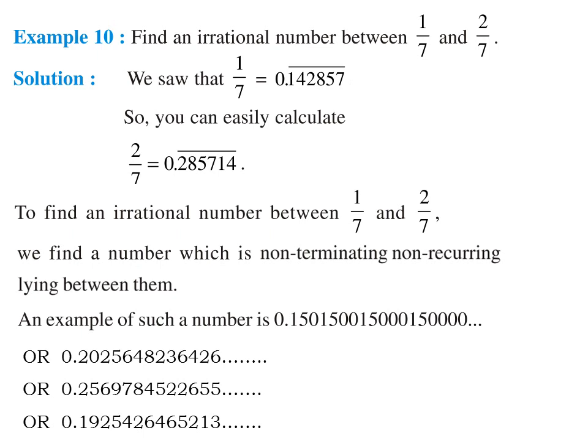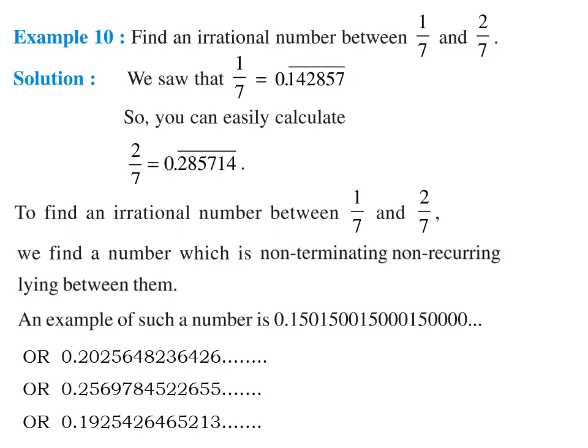Just remember one thing: you have to write a number greater than 0.142857, so you can write a number starting from 0.143 or 0.15, and less than 0.28. You have to write a number which is less than 0.28.